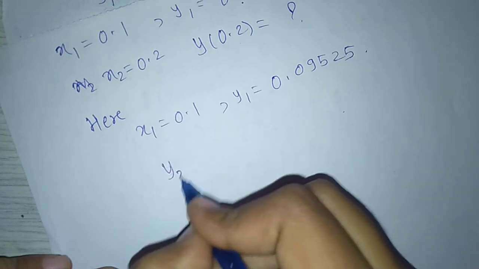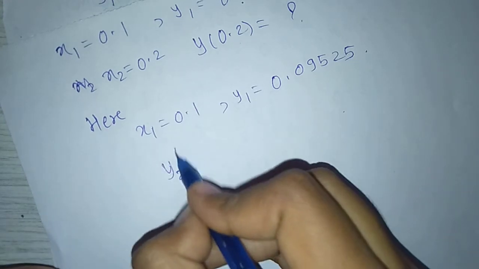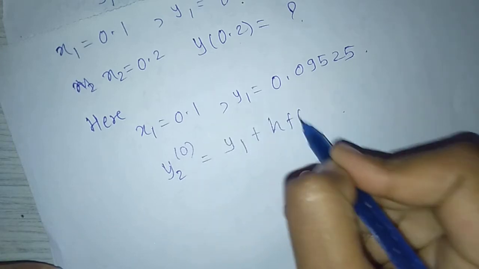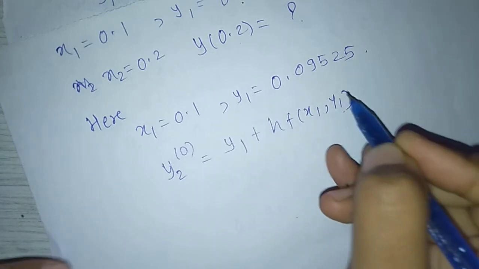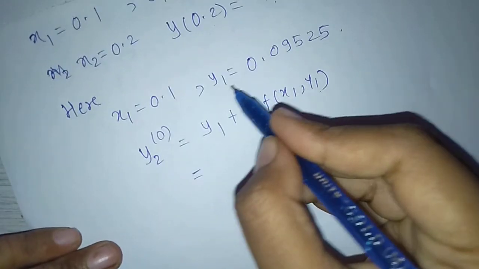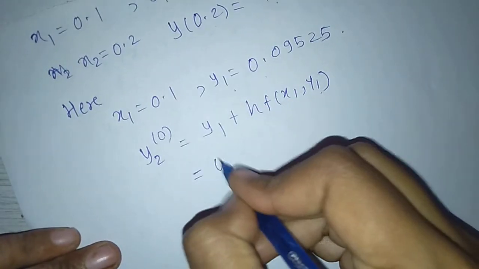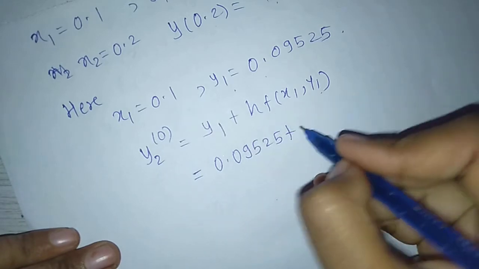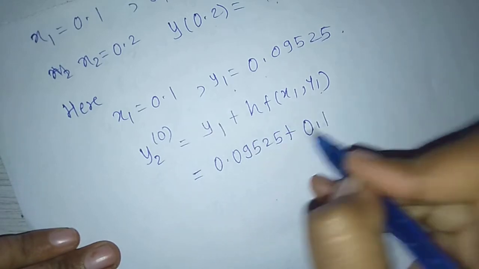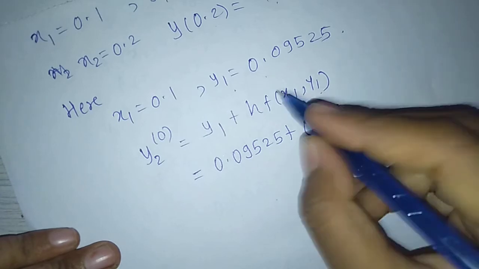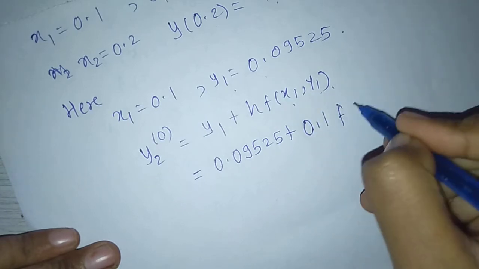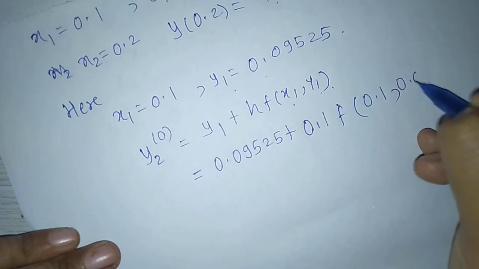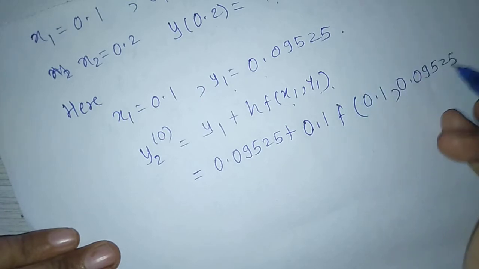Therefore, the zeroth approximation of y2 is y1 plus h f of x1, y1, which is equal to y1, 0.09525, plus h, 0.1, into f of x1, y1, which is 0.09525.